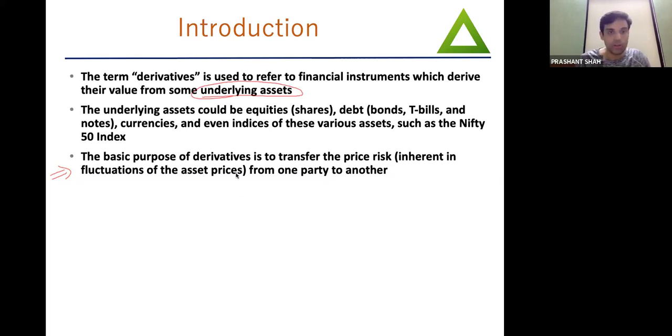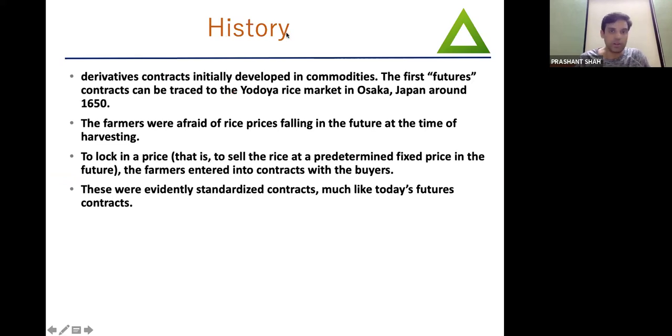Okay, move on. What is the history of it? The history has been very interesting, and it will also help us understand the basics of derivatives. Essentially, I'm talking about those students who don't know these concepts properly, which is the reason we are starting from scratch. First, the derivative contract can be traced to the Dojima rice market, Osaka, Japan, long back in 1650, wherein the farmers were afraid about the rice price falling in the future at the time of harvesting.